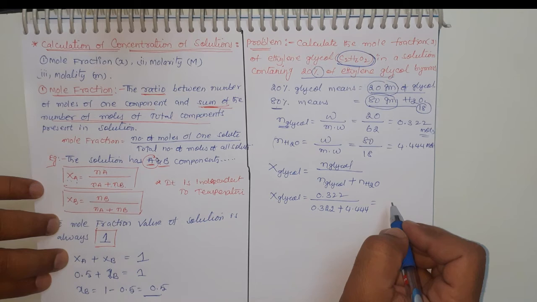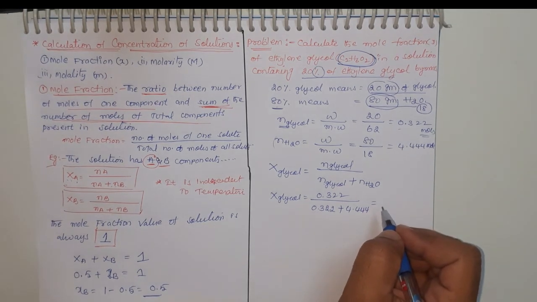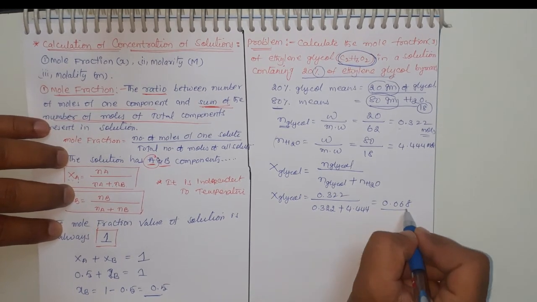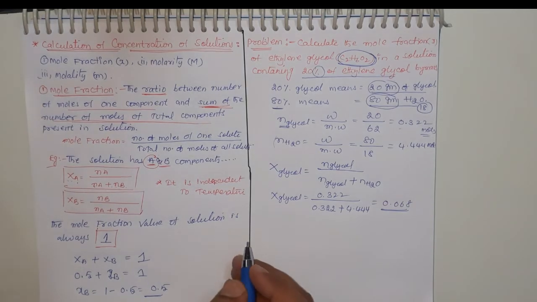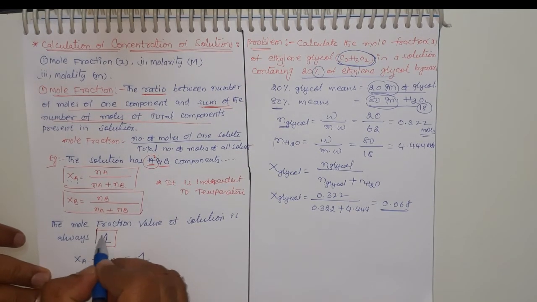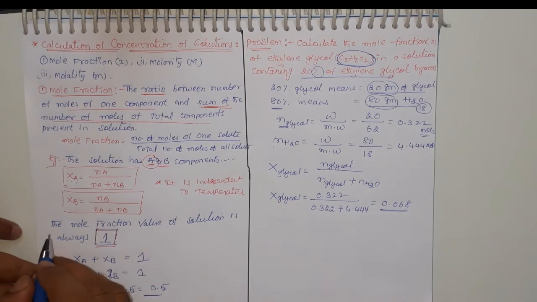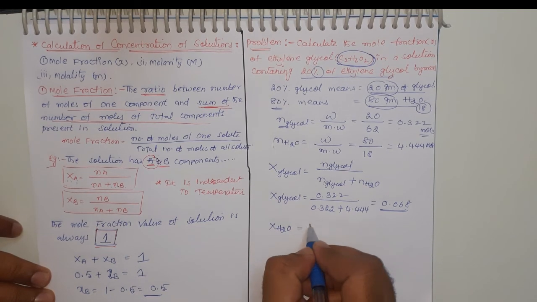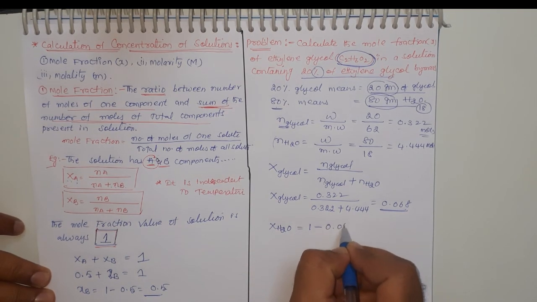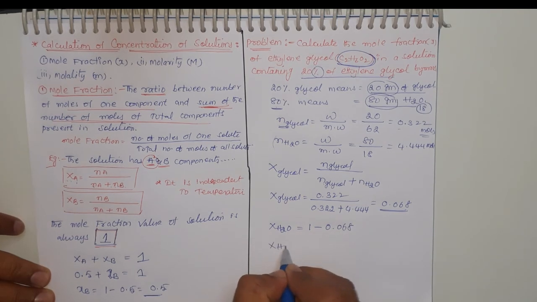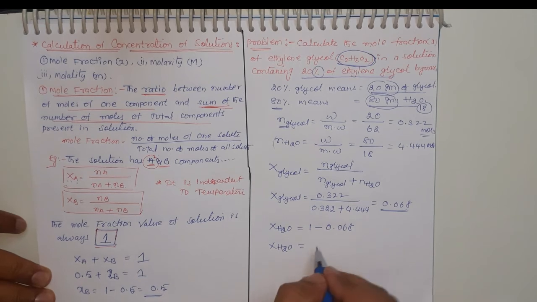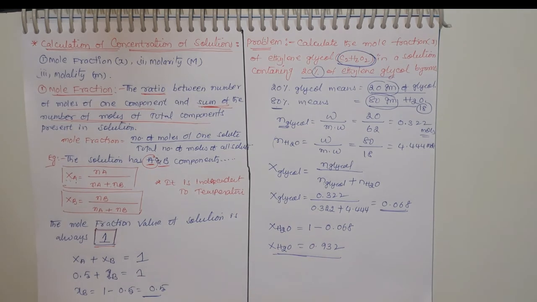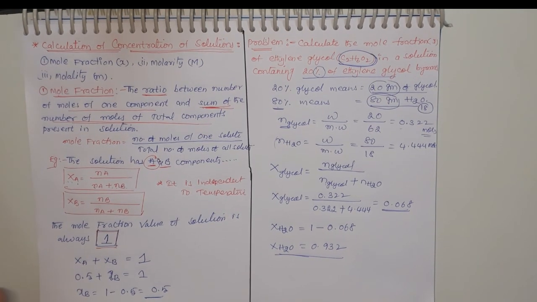So we find that the answer is 0.068. This is the glycol mole fraction value. But we know that the total solution mole fraction value is 1. So X H2O is nothing but 1 minus 0.068, that is, X H2O is 0.932. Like this, we find the mole fraction values.